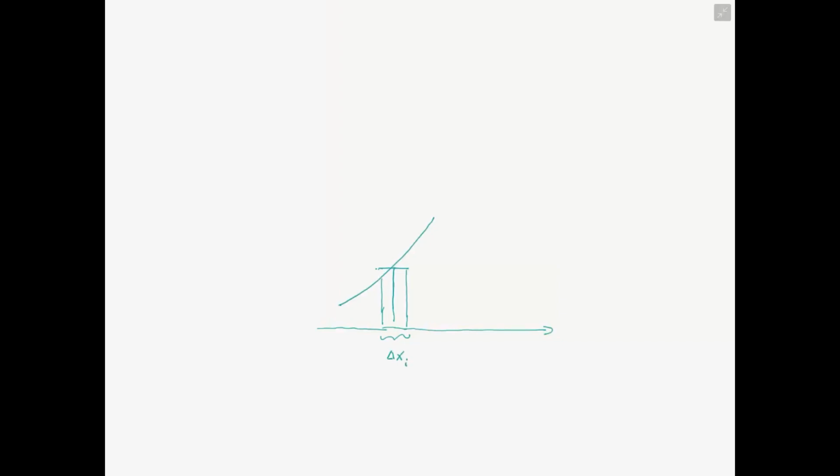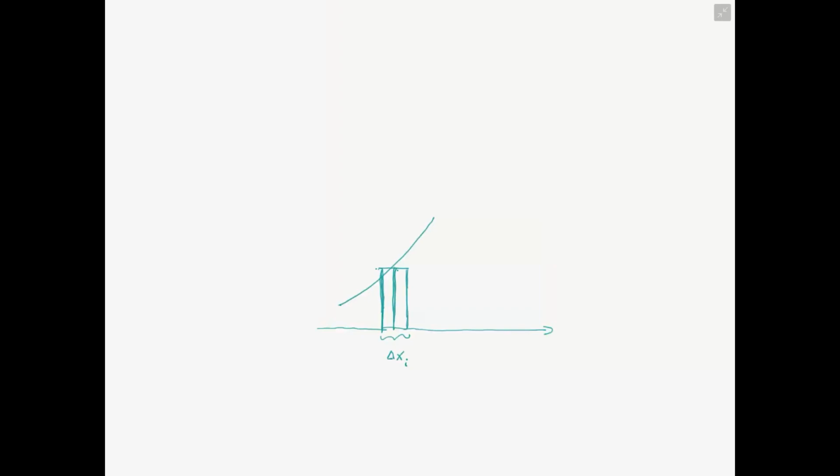We got delta x, we're going to call it i, and we have our areas under the curve. You can see my artistic ability is not the world's greatest.